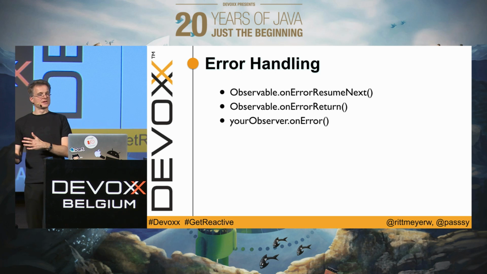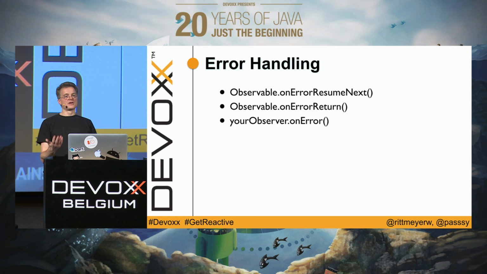And sometimes you do not want that. Sometimes you want other items to appear, or one last item to appear. If you want just one more item, you could use onErrorReturn that returns a special object that should be returned in case of an error, and afterwards onCompleted will be called.